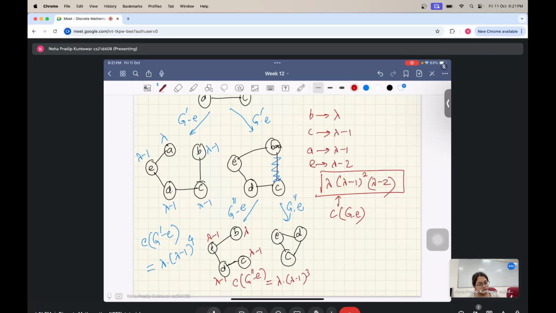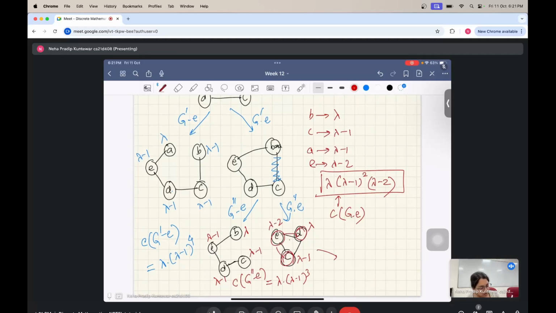And if I want to find out the chromatic number for this, I'll do the same thing again. For the first vertex, I can color it with lambda choices. For the second one, I can color it with lambda minus 1 because it's already adjacent to D. And for the vertex C, it's adjacent to D as well as the other vertex, which are both distinctly colored. So two choices are gone out of lambda, and you're left with lambda minus 2.